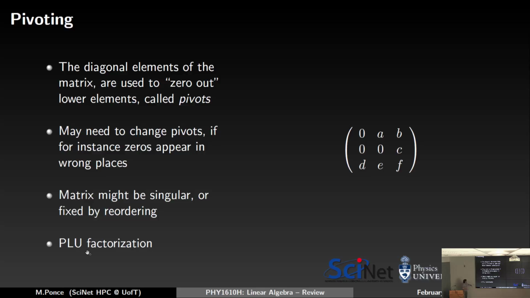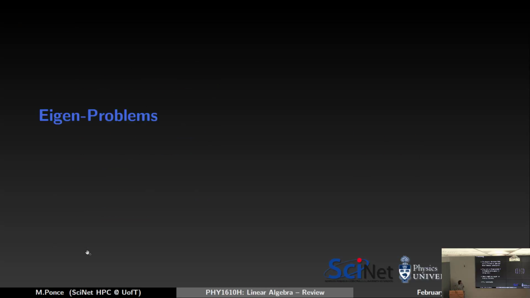Sometimes it's called PLU, pivoting lower upper triangular factorization. Why do we try to do that? Well, we saw before that if we have these particular structures, the linear systems are easy to solve.